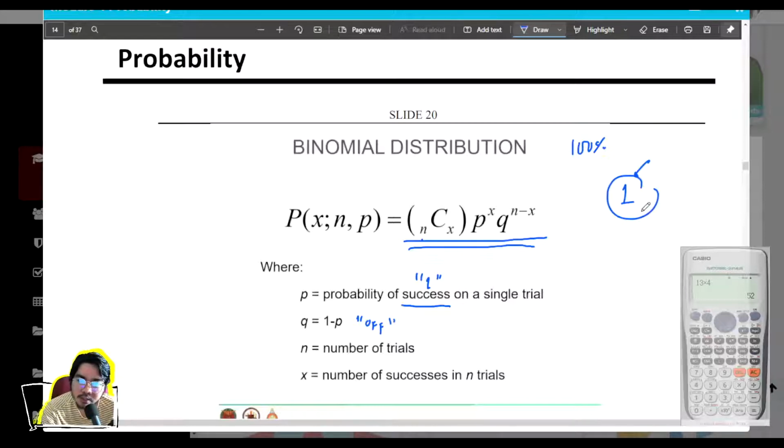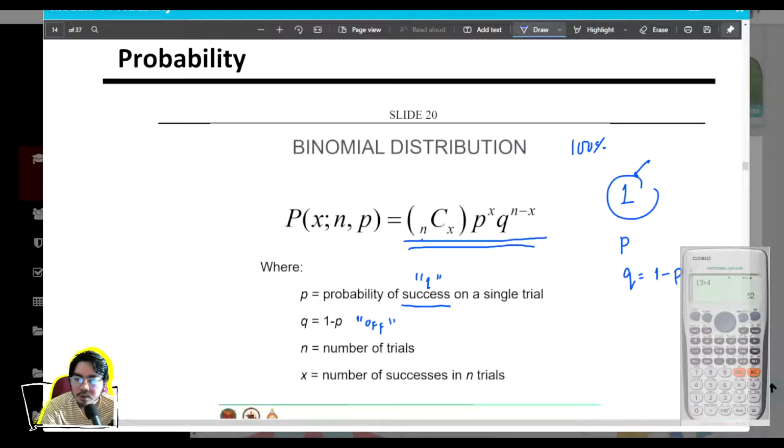So with that said, if the probability of success is equal to P, then the probability of failure is just equal to 1 minus P. Tama? Kasi, again, this is a discrete probability function wherein we only have two discrete elements, no? Yung failure and success.